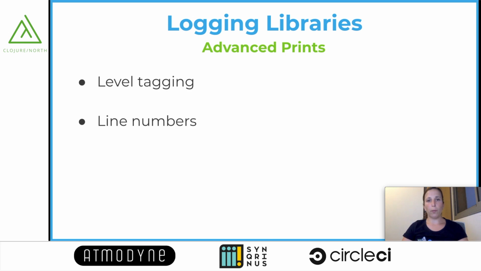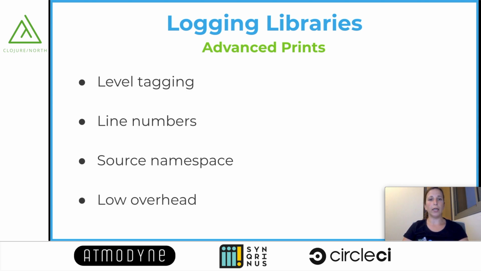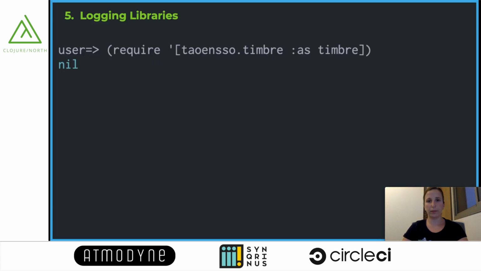We can get the line number where it was printed, and the source namespace, and of course all of these features with a low overhead on our code and our running program, which is really important.